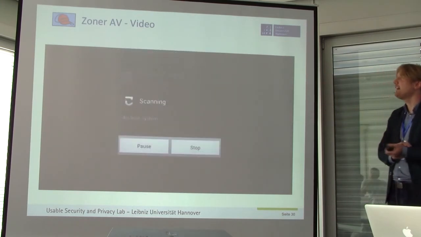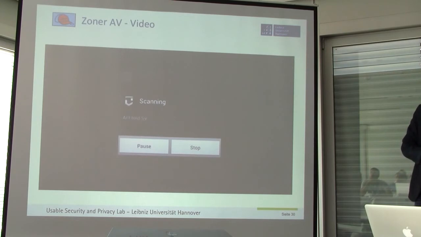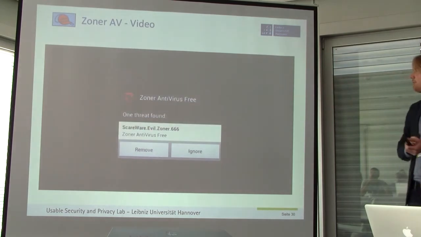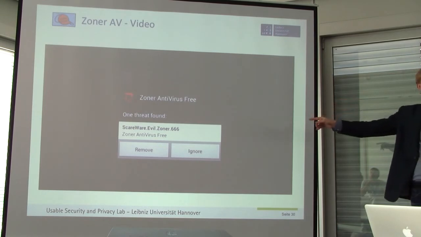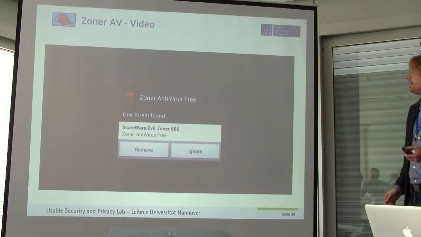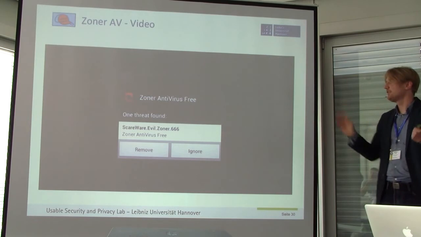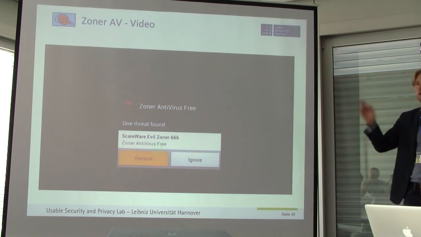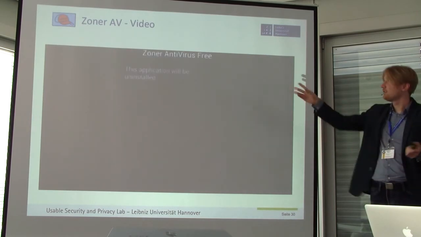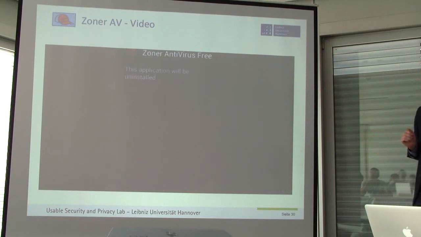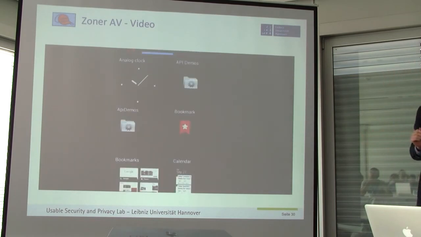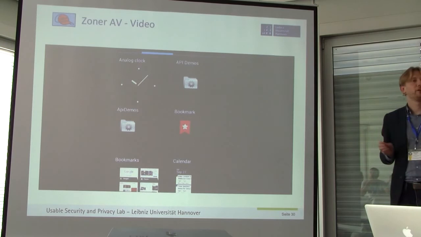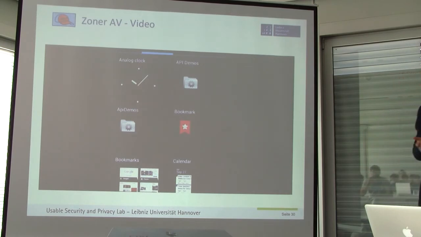So if we start the scan, it'll now scan the entire Android system. I think we abbreviated it slightly, and it found a threat, and it found itself as a threat. So we gave it its own signature. And that was kind of already the success we were hoping for, and just for fun, we clicked on remove, and it said this application will be uninstalled. And then it does. So this antivirus program obligingly shot itself for us based on its own algorithms.